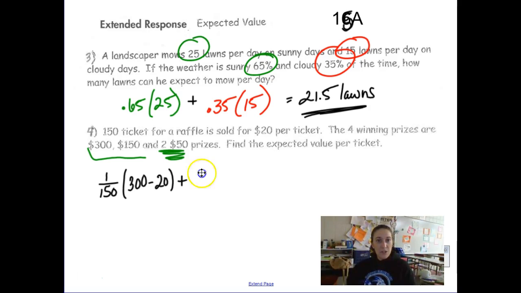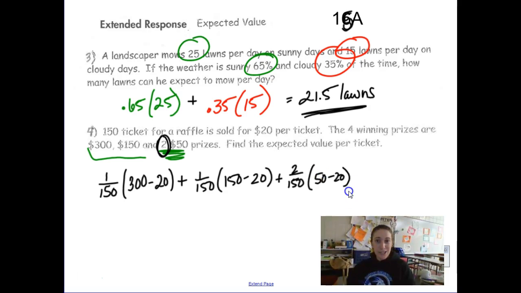Then you have a 1 in 150 chance of winning the $150 prize. But again, you didn't actually win 150. You had to pay for a ticket, so it's really 130. And be careful, there are 2 of the $50 prizes, so you have a 2 out of 150 chance of winning a $50 prize. But again, you didn't really win 50, it's 30.